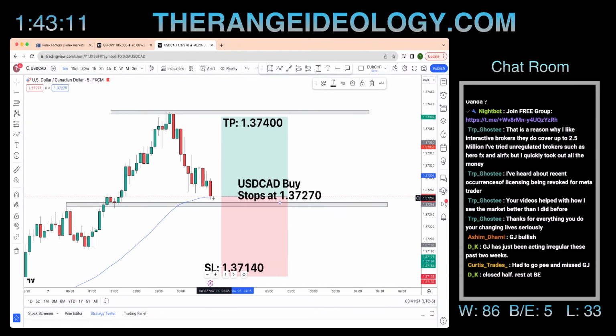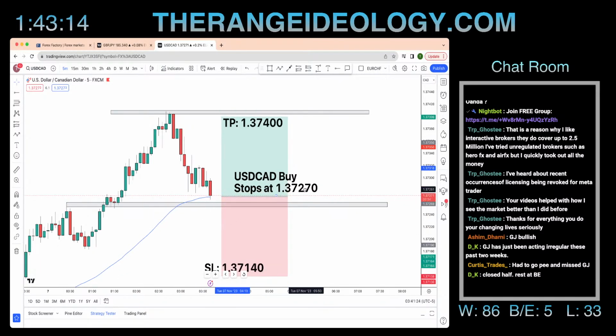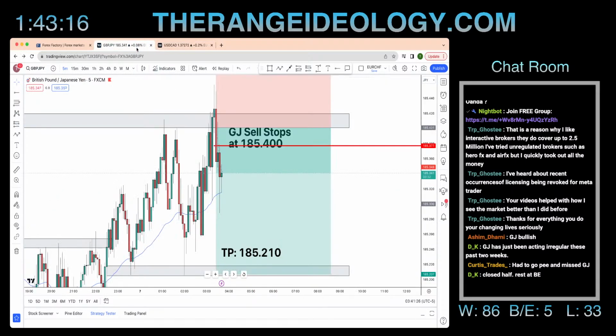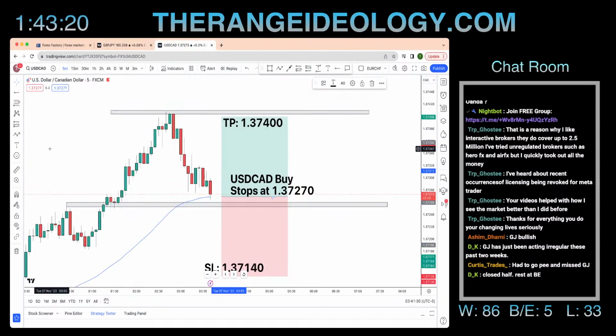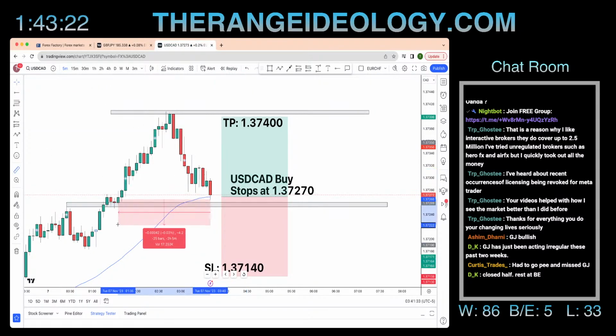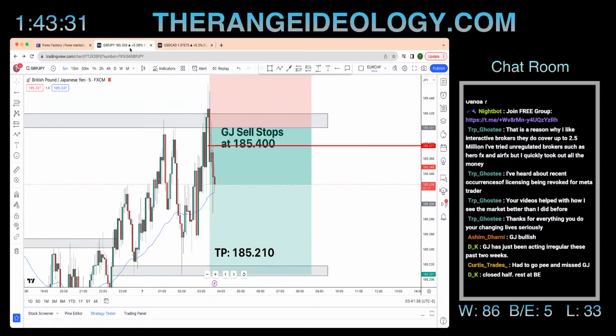But I need a stronger push below for me to set these buy stops. I won't be doing instant execution here. I need a stronger push below that EMA, somewhere down in this level. So maybe another 2 pips, and I'll be good with the buy stops for USD CAD.